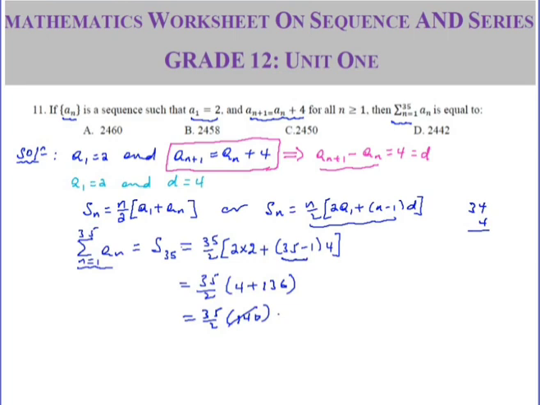Dividing by 2, it's 70, and the 2 becomes 1. So this becomes 35 times 70. Whenever we multiply this, we get 2,450. So the sum of the first 35 terms in this sequence will be 2,450. So our answer is C.